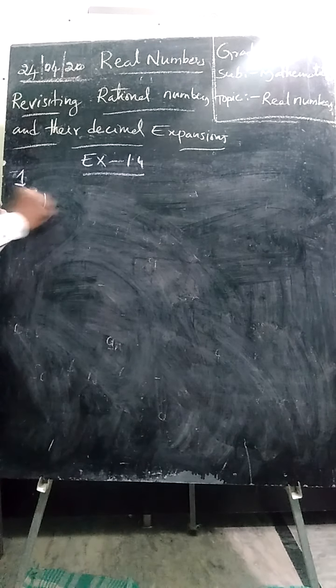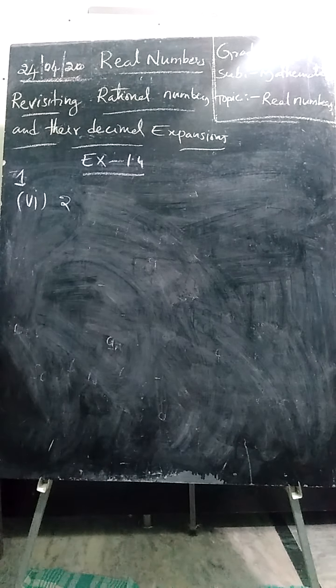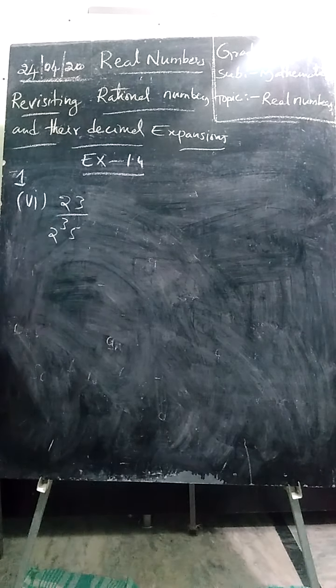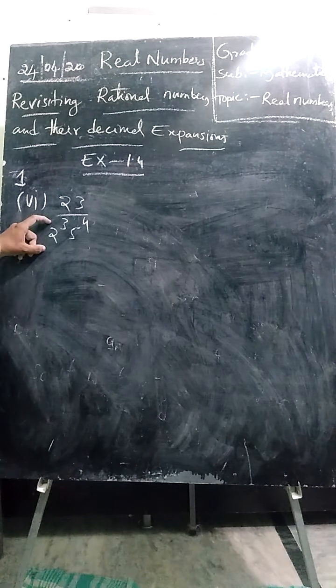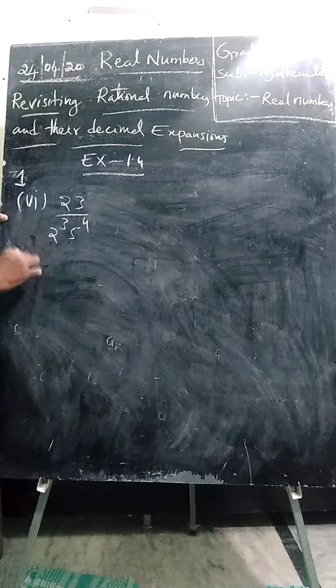See students, in the sixth one it is given 23 by 2 power 3 into 5 power 4. Let us take it. See students, here the denominator contains 2 and 5 as factors.